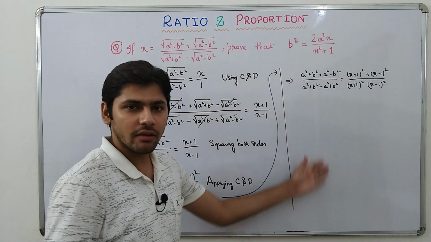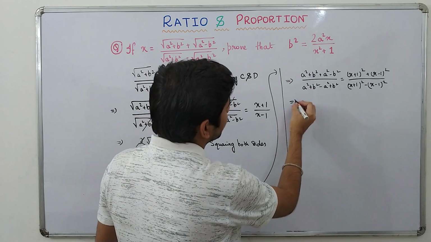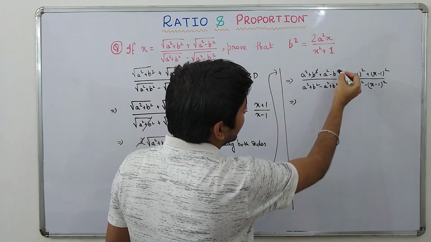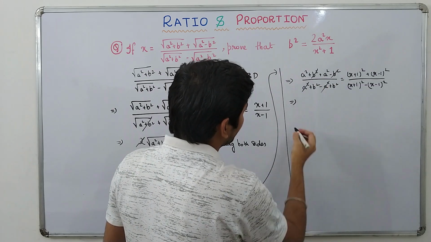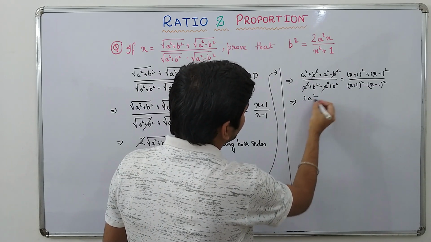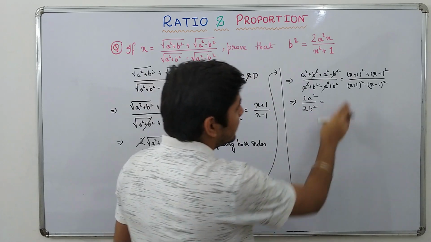Now we will simply solve this and we can prove the given expression. Over here, plus b square and minus b square get cancelled out, plus a square and minus a square get cancelled out. So we get 2a square by 2b square is equal to, let's break it up.